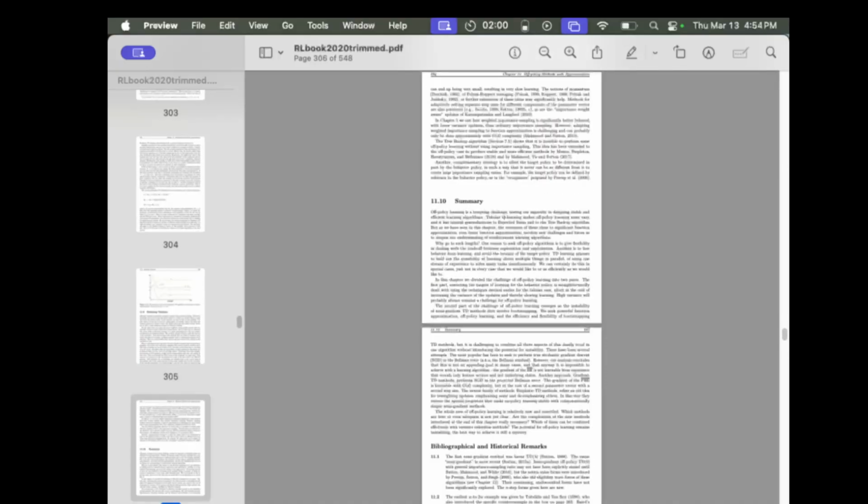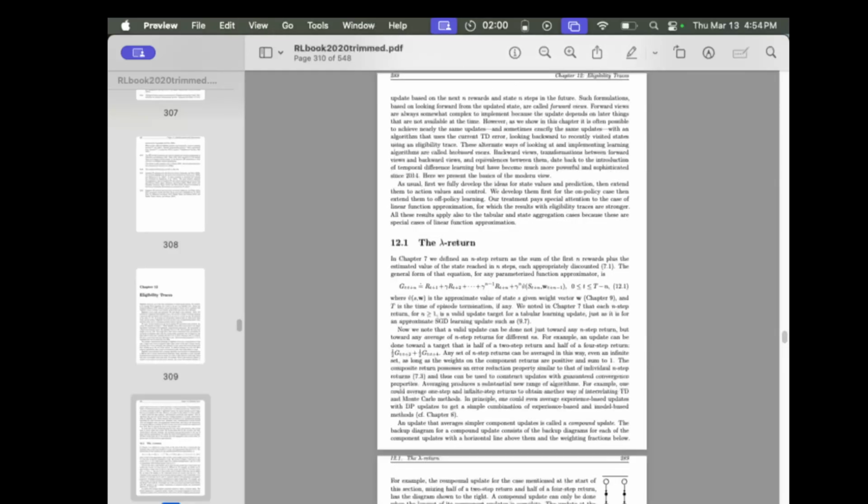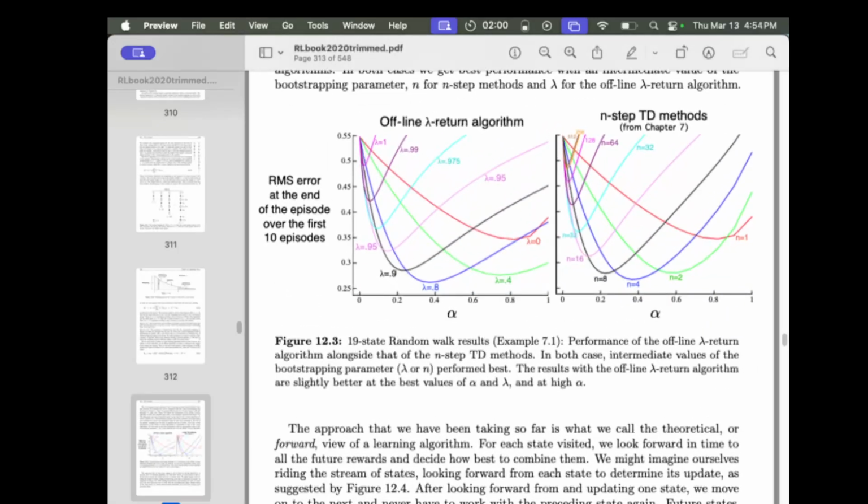No, we will find it. Okay, this is it. This is the chapter that I want. Eligibility traces. I didn't realize it was so far. Okay. So here is the graph I want to show you. This is what I was looking for.